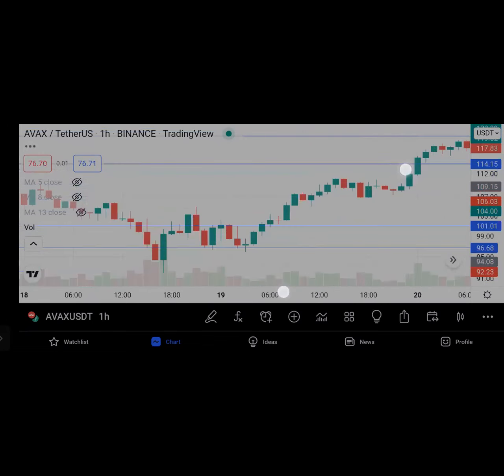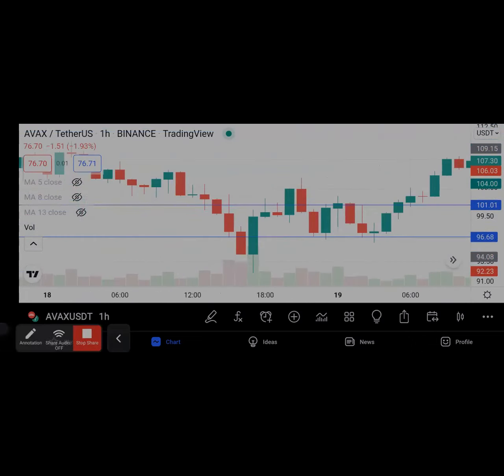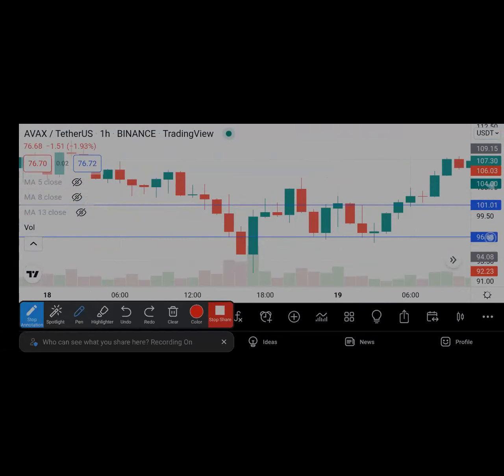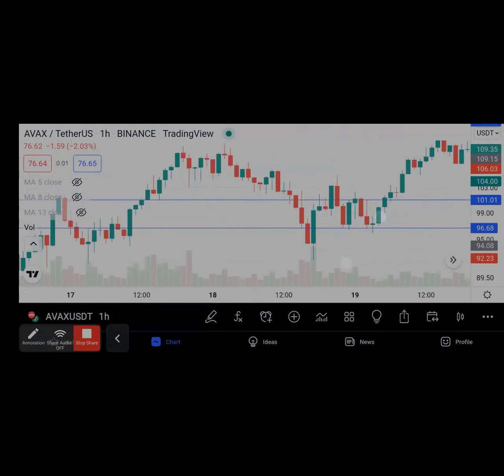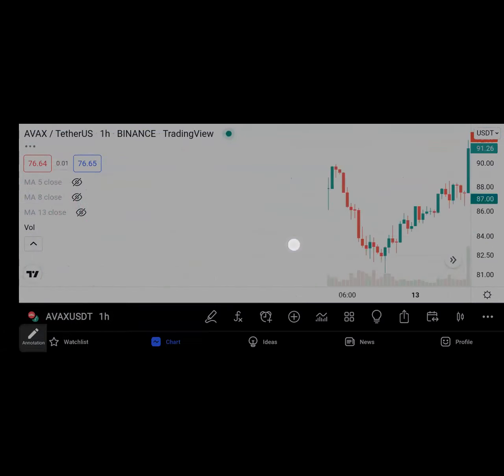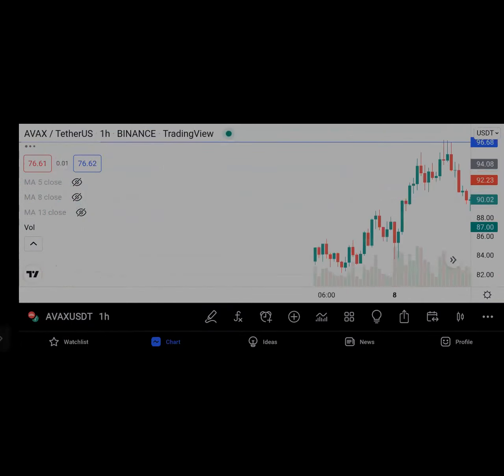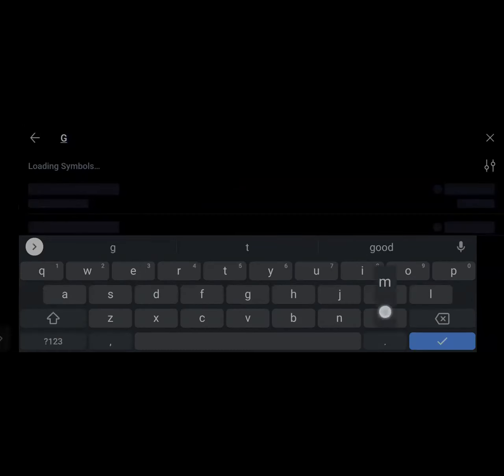I think I found one. This neckline broke and continued growing. I'm looking for a clearer one. If we don't find, we can move on.